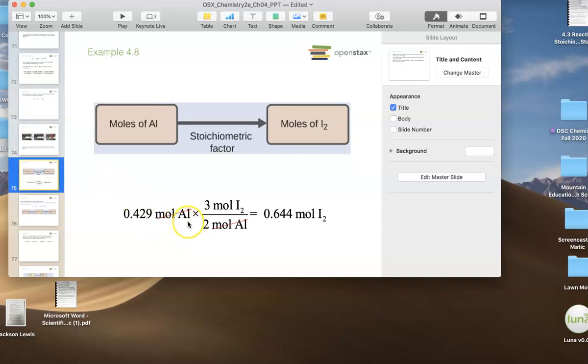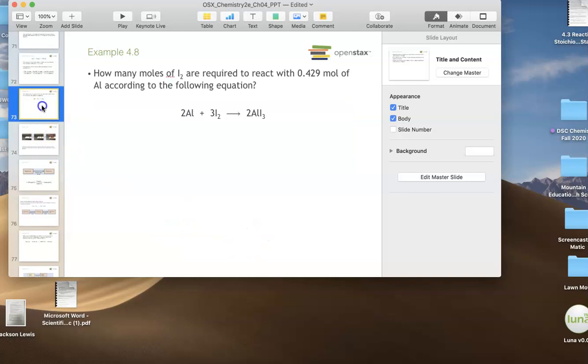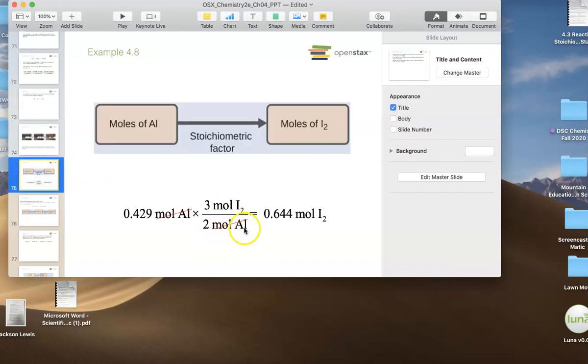Looking at my balanced chemical equation, for every 2 moles of aluminum, I need 3 moles of iodine. Look how my units cancel out, and now I have moles of iodine, which is what I want.